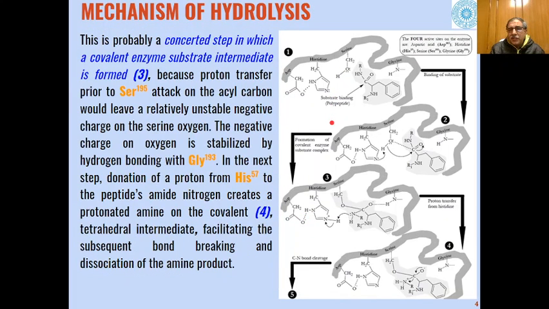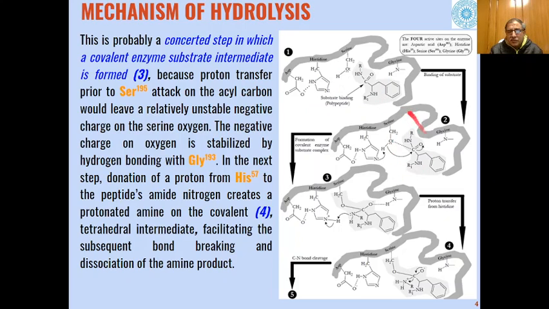After the hydrolysis of one part, the concerted step in which the covalent enzyme substrate intermediate is formed, over here you can see that in the first step the substrate binding to the pocket has taken place.